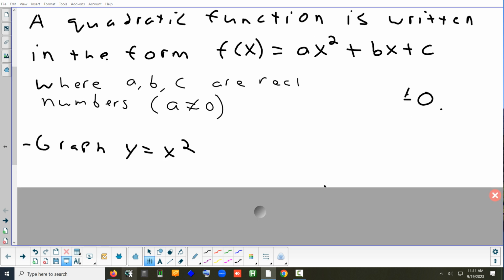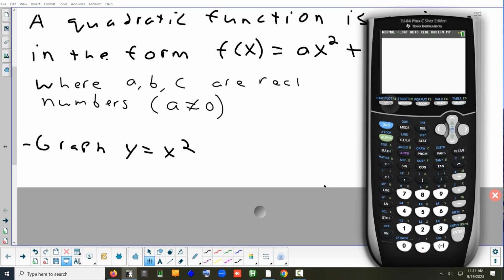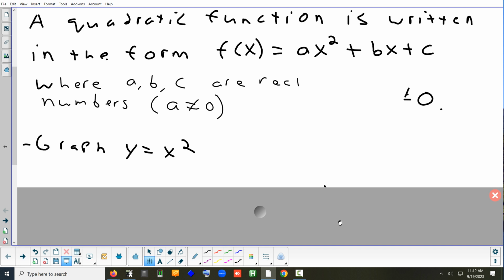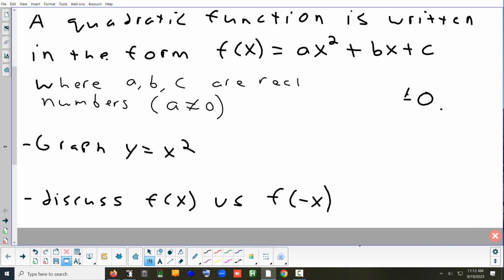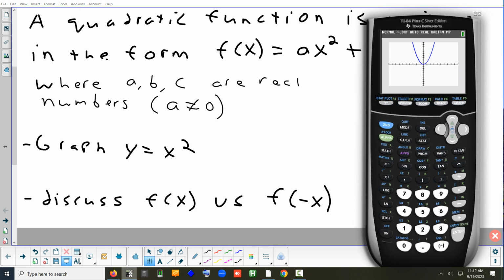Okay, so let me graph y equals x squared, just so we can see what it looks like. So just put in y equals x squared. And what do we call that shape again? That's a parabola. And now I'm going to graph another one.